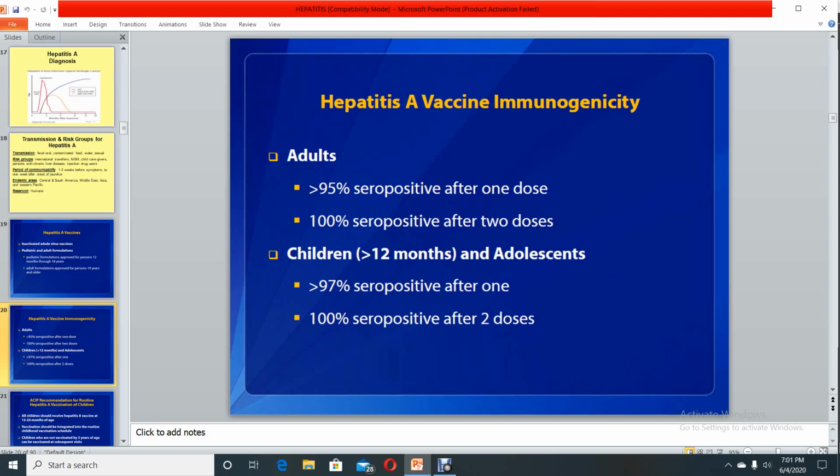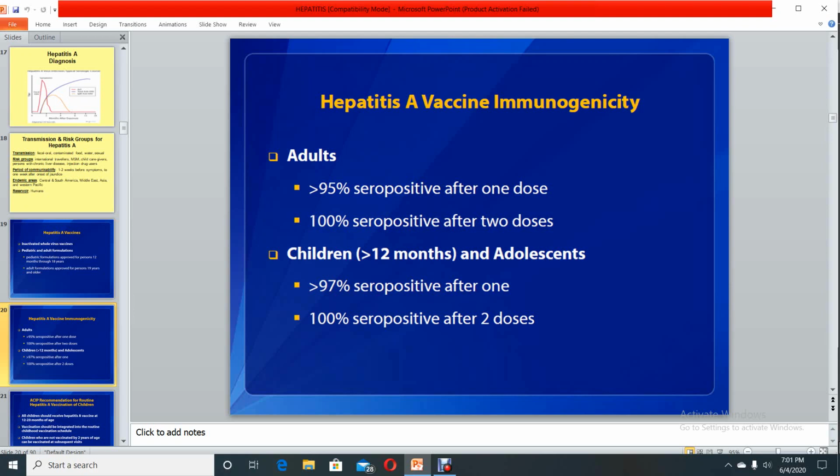Hepatitis A vaccine: in adults, 95% seropositive after 1 dose and 100% after 2 doses. In children after 12 months and adolescents, 97% seropositive after 1 dose and 100% after 2 doses.